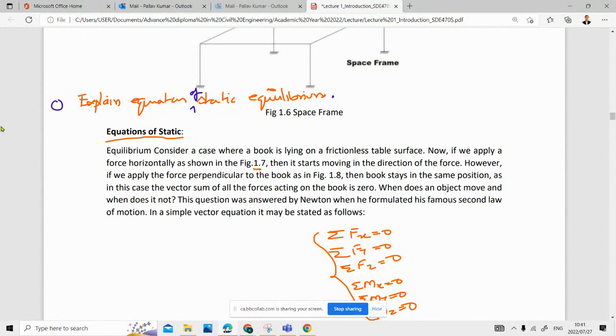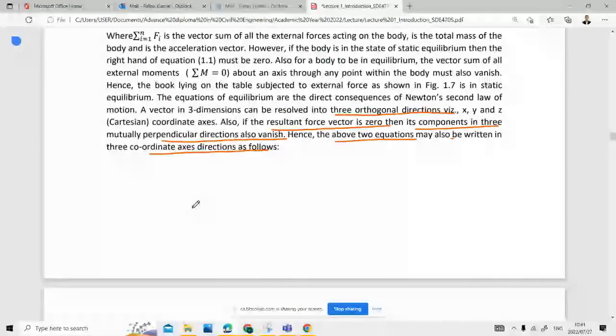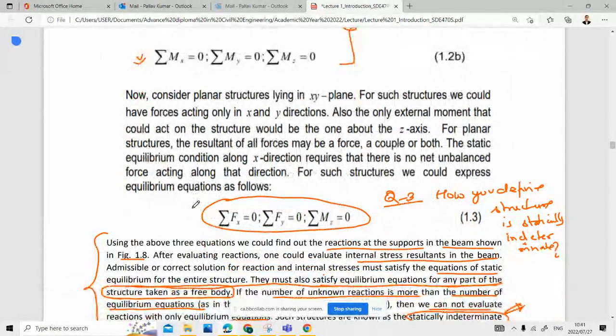Okay, this is Q2. Now the third one, you can expect such questions while you are writing your sum test. I'm just making you prepare for such things, right? Question number 3: how do you define a structure is statically indeterminate? So you can write it down.